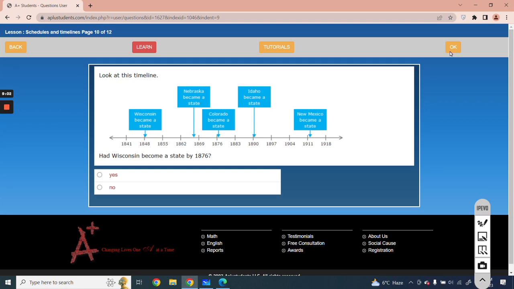Okay, the next one is, look at this timeline. Had Wisconsin become a state by 1876? Just go to 1876 on the number line and let's see which is the correct option, yes or no. So which of the options is the correct one? It is no. Got it?